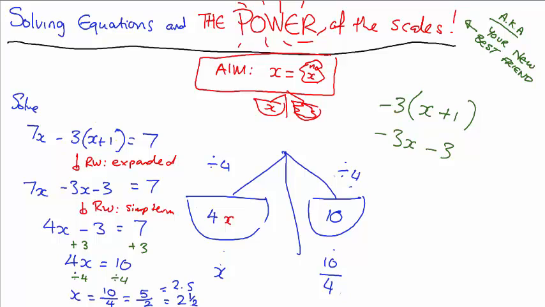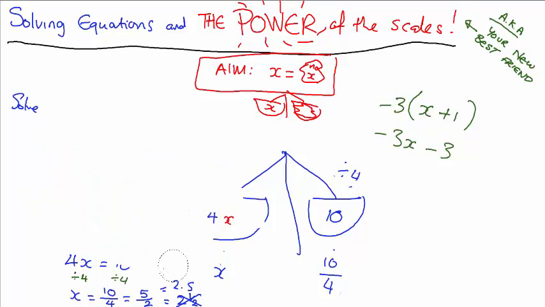My view is mixed fractions are useless anyway. Unless they tell you to write your answer in a mixed fraction, don't bother. Just write your fraction, cancel it down. You don't even need to take it to the decimal. Any one of these would have been the right answer, but don't be scared if you don't get a whole number. There's nothing wrong with that. So right, let's go to the next one, and hopefully a good amount of you will be getting this now.